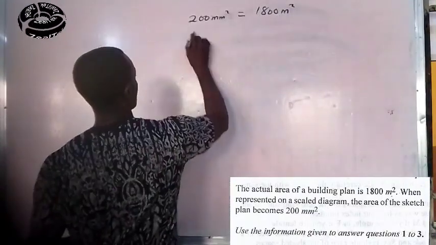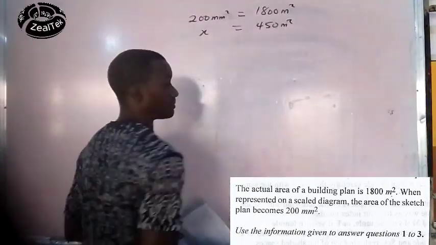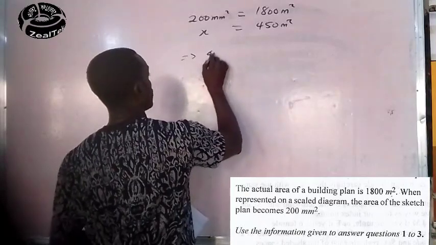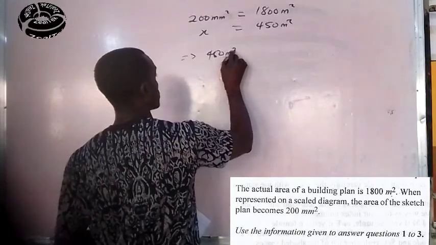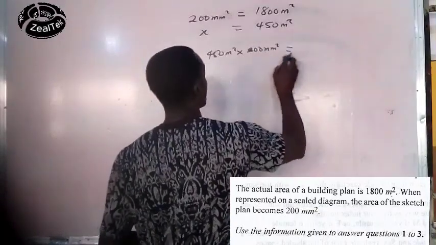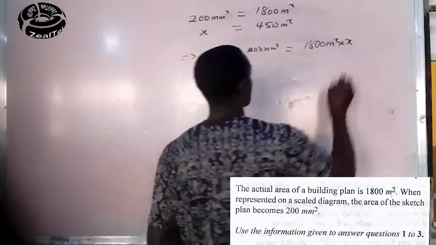So, what shall we get when the area now is 450 meters square? Just cross multiply, and this will become 450 meters square times 200 millimeters square is equal to 1800 meters square times x.